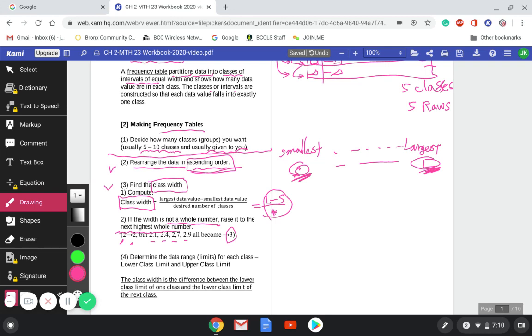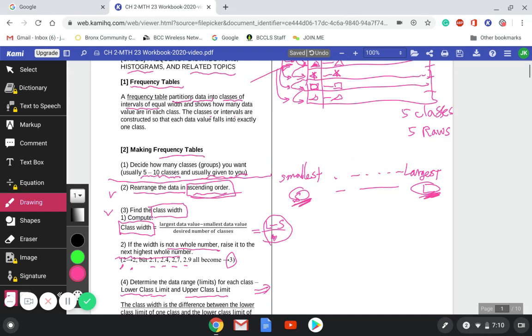Also, you need to determine the range of the data or limit of each class. So you have to find something called lower class limit and upper class limit. You need the lower class limit and upper class limit to create the histogram, the bar graph.